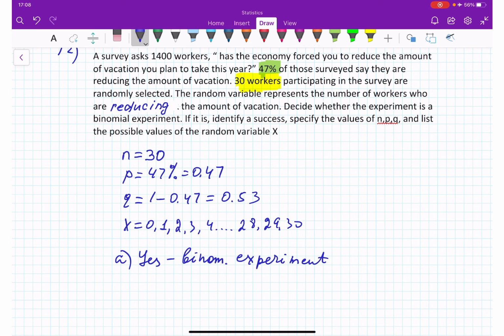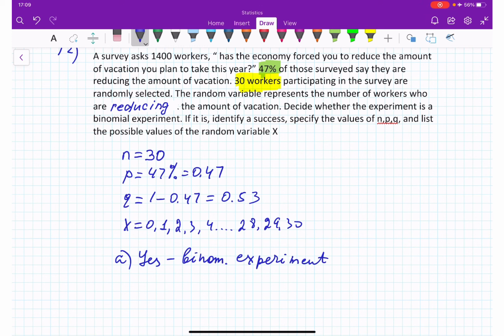Next, what is a success in this experiment? Selecting a worker who is reducing the amount of vacation, because this is our concern. Remember, I told you it doesn't have to be success and failure. The subject of our interest is the success in our experiment.